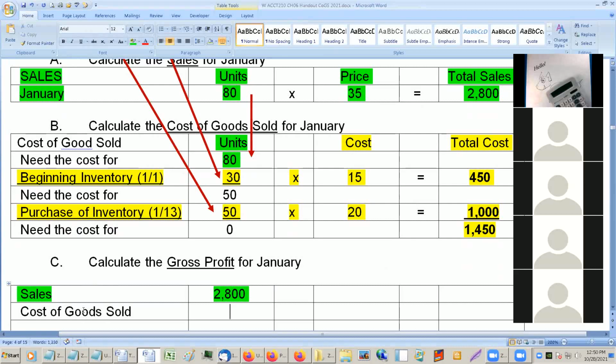Cost of goods sold, in other words, what did we sell? What did it cost us? And it cost us 1,450. Now, remember, these are things going out. If I sell this little toy to somebody, remember this toy leaves. The customer that bought this is taking it with them. So cost of goods sold is the cost of whatever it is.